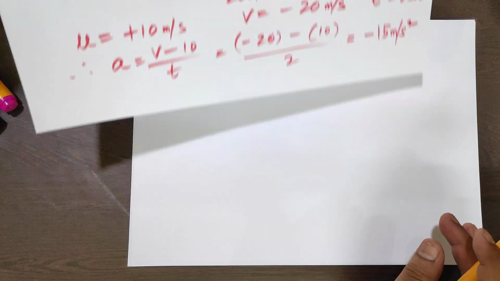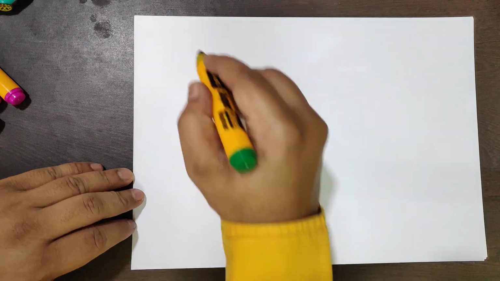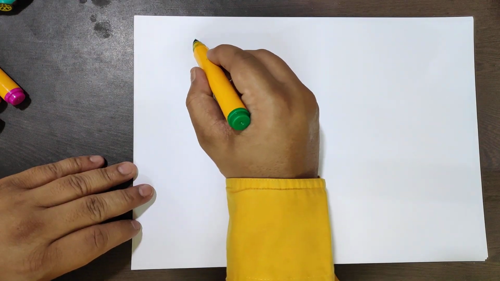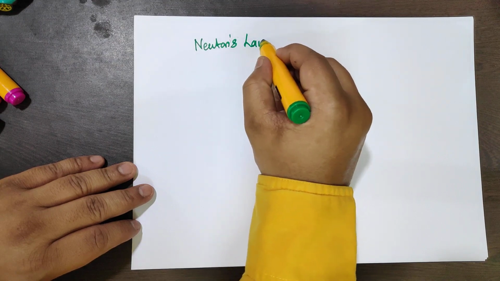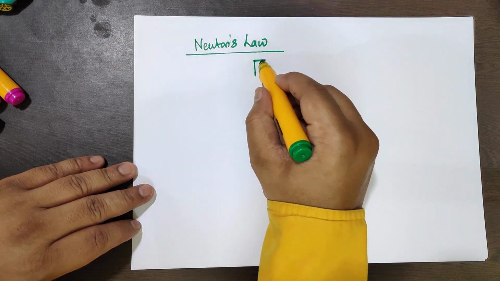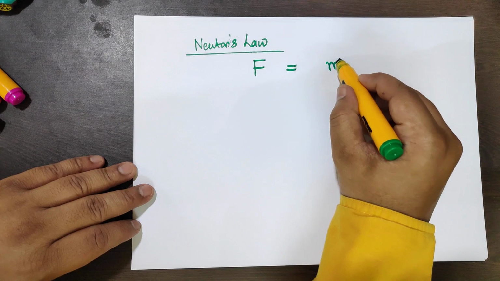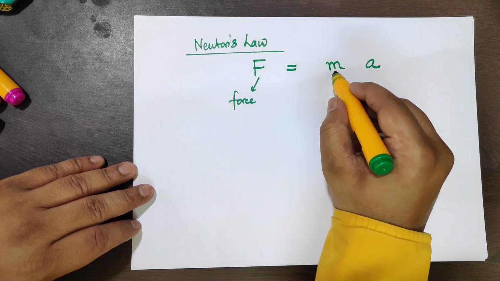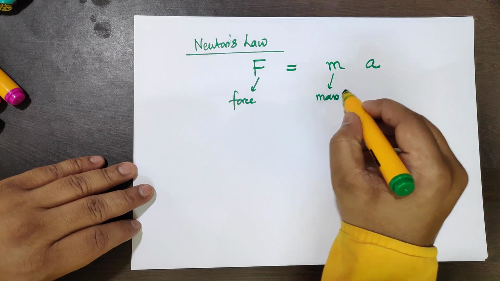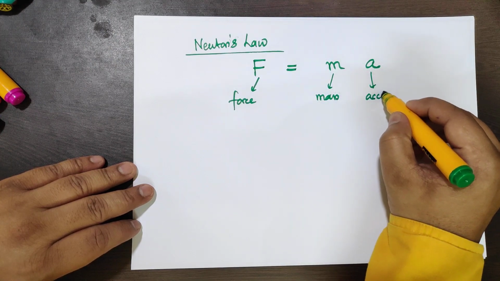What is the meaning of this leftward acceleration? That means if you look at the situation, then you know Newton's law says that according to Newton's law, force F equal to ma. So that's force, that's mass, and that is acceleration.